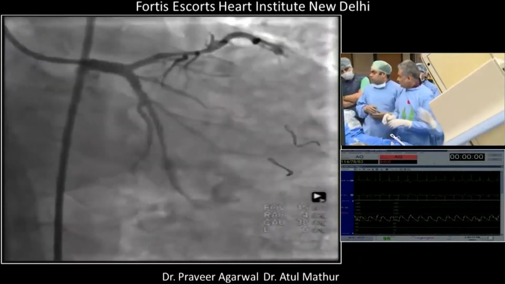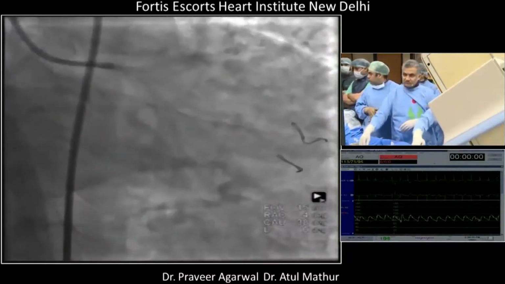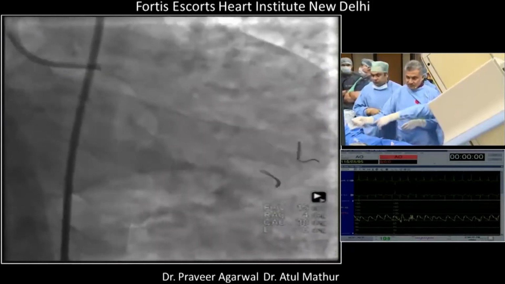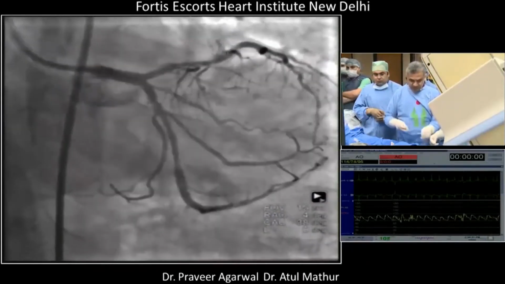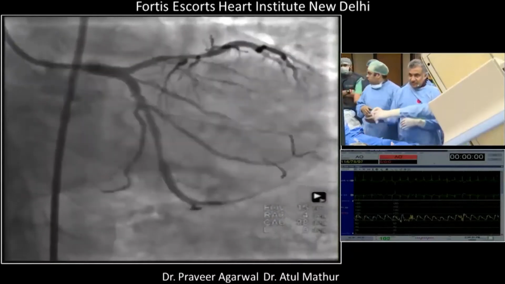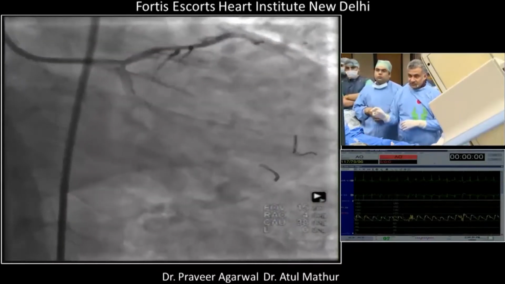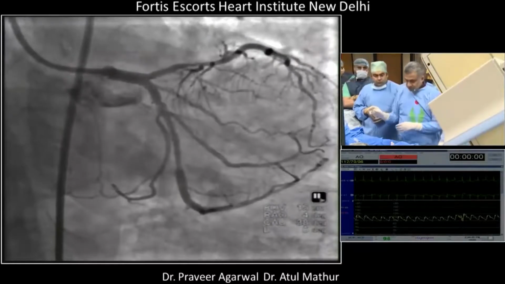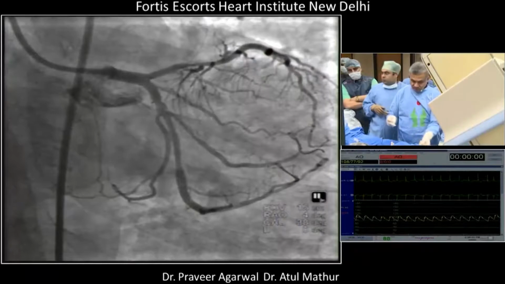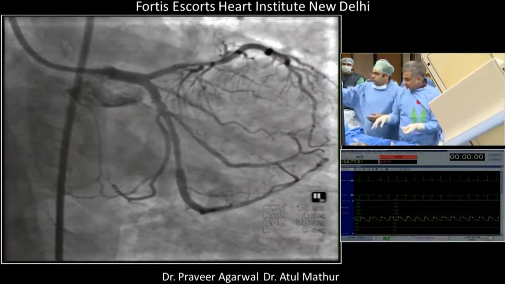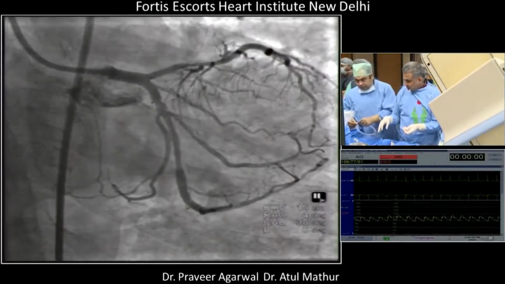So what strategy? Is it a two stent strategy? What are you going to do? DK crush, mini crush? Yeah, mini crush. Yeah, DK crush. DK crush. Put a balloon in this too. Can we have a 3.0 balloon? Give me a 3.0 balloon. Mark, you agree?